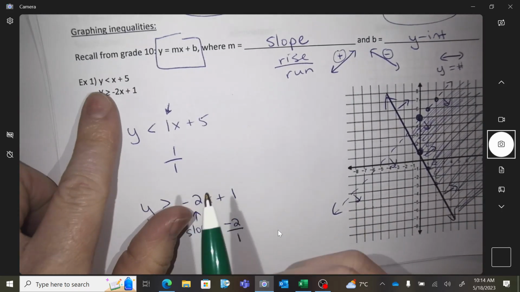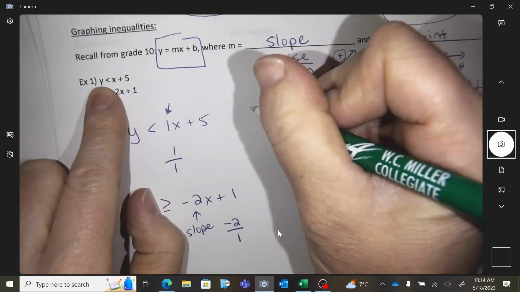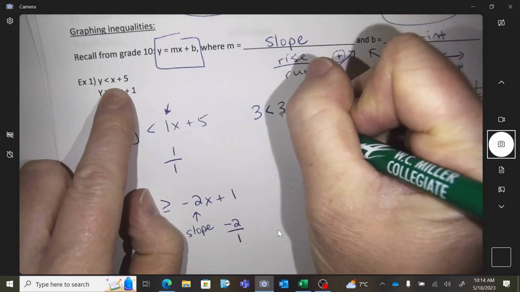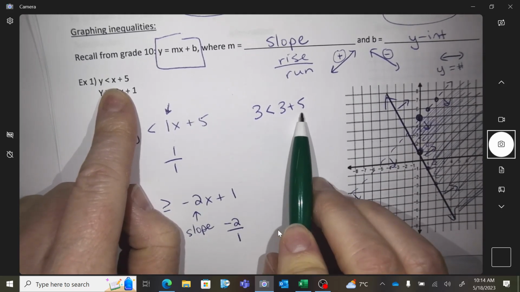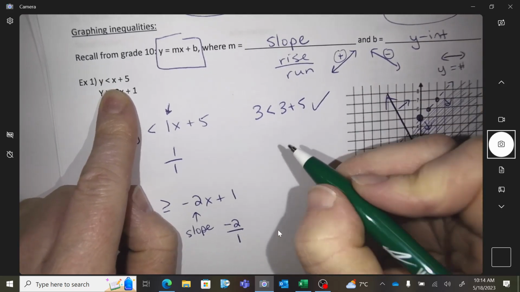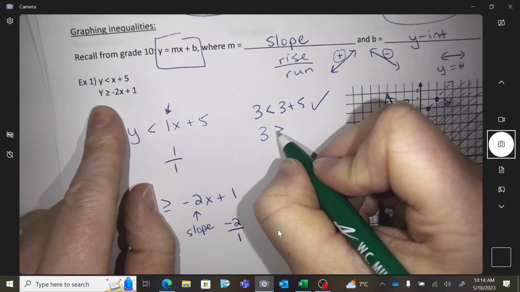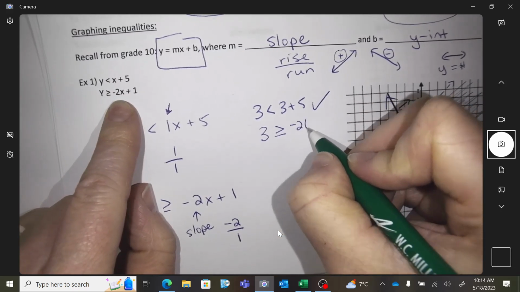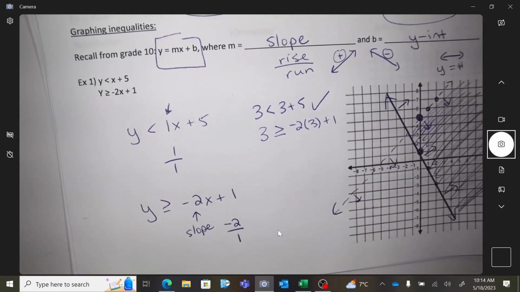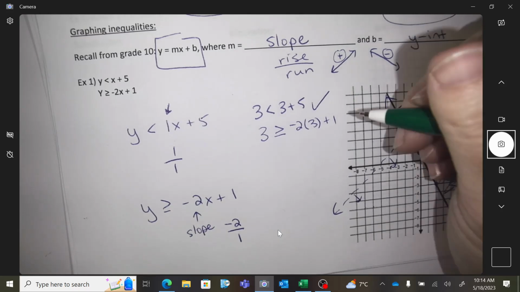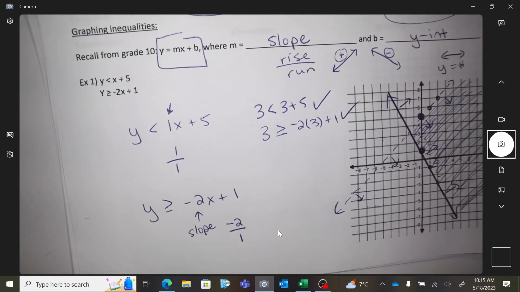So, if I plug 3, 3 in, is that true? Is 3 less than 3 plus 5? Yep. Is 3 greater than or equal to negative 2 times 3 plus 1? Is that true? Yes.